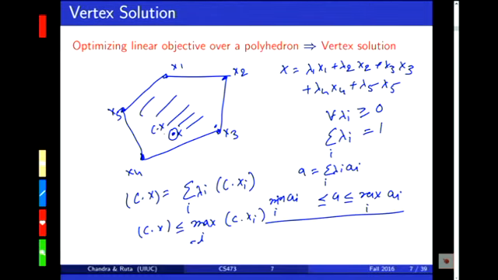Okay, and then if you look at the c dot x value, your objective, that is just the convex combination of c dot x_i's. That is the objective value at corner points. So this value cannot be the max at the corner point.